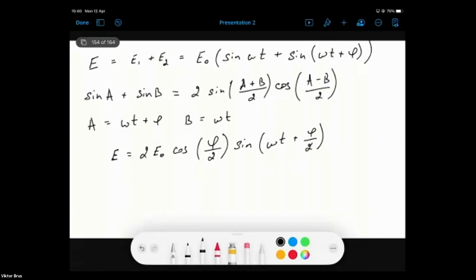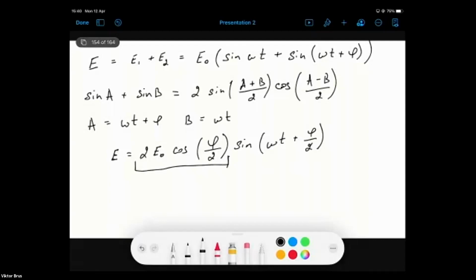So here we see that the amplitude of this resultant wave will be given by this equation. So it will be 2E naught times cosine phi divided by 2.